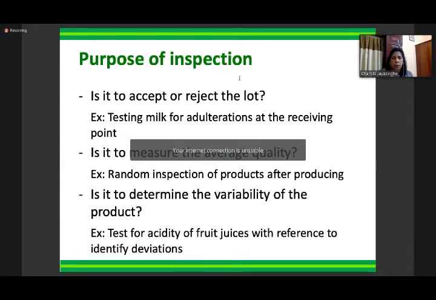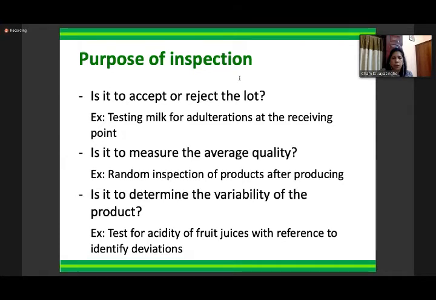So as the production is going on, you test the food with reference to identify deviation. They have the reference list, so they check the production. They check samples from time to time. At that time, if there are some deviations, they want to check only the deviation. Then after they identify the deviation, they correct it and send the sample.